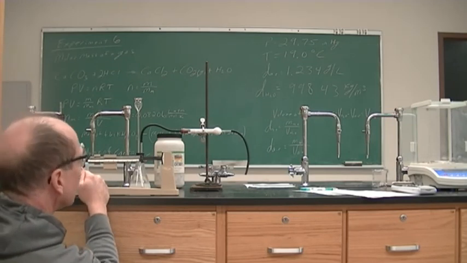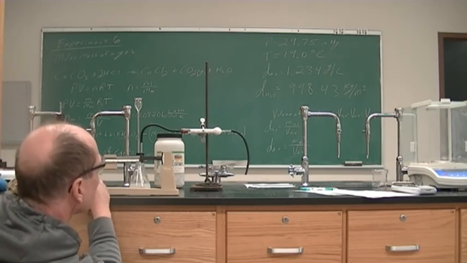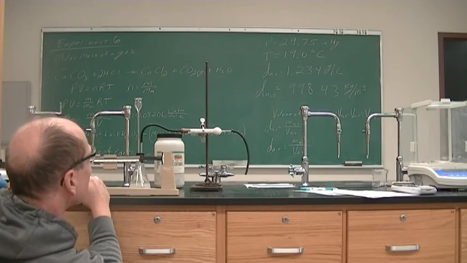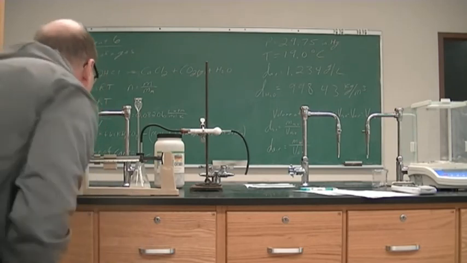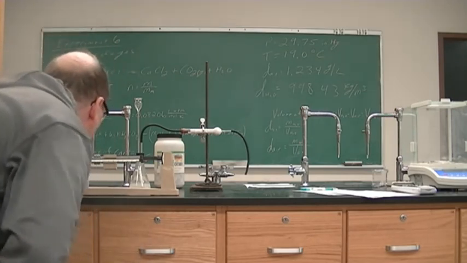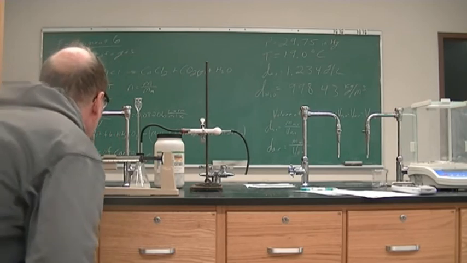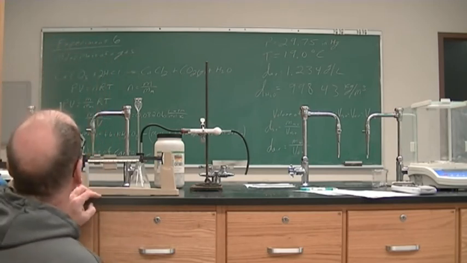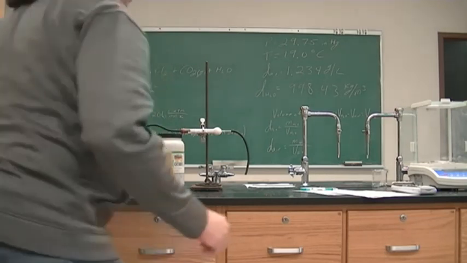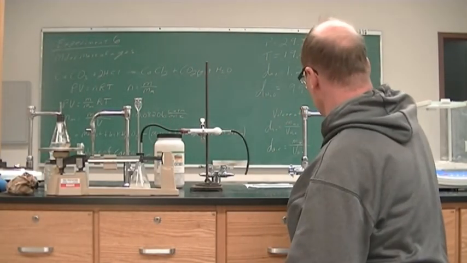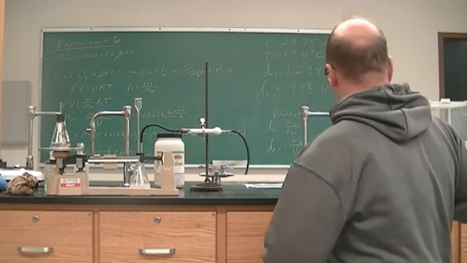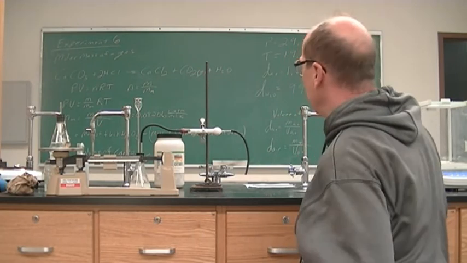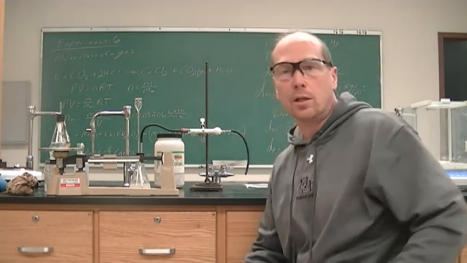All right, so that's going to pretty much do it. All right, so our mass of water in the flask, with the flask and the rubber stopper, is 210.68 grams. And that is all the data you need to calculate the molar mass of CO2.